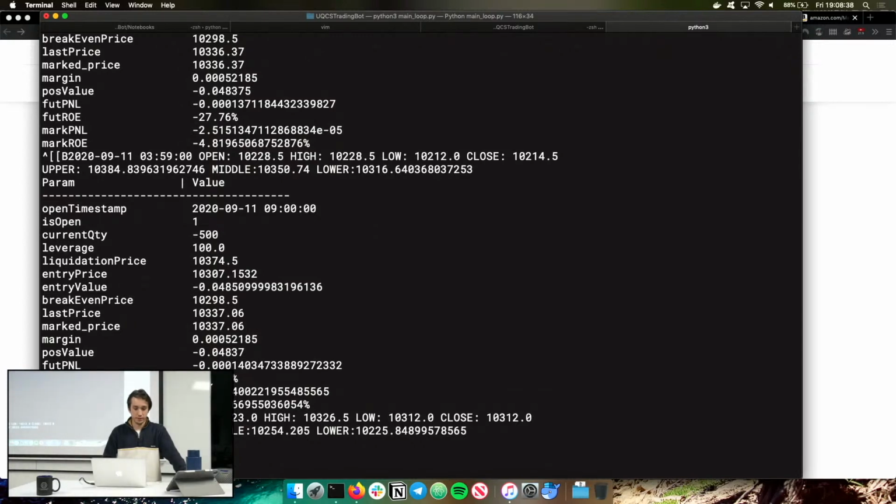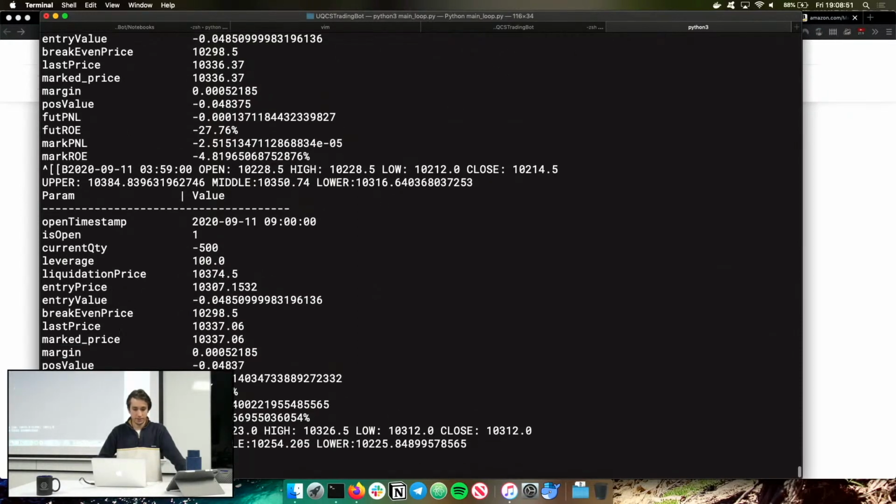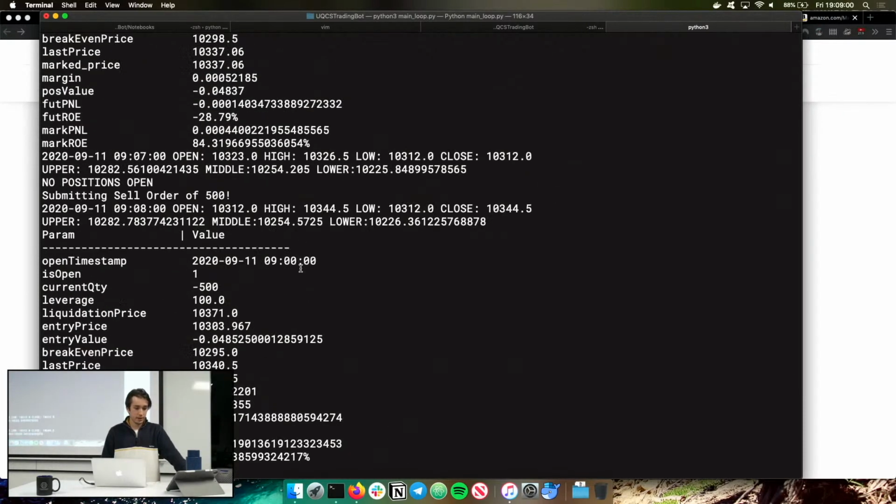So we made 84% return on our initial equity, which is good. So, any questions about any of this information, because there's quite a lot going on here. Leverage obviously makes us able to take more advantage of small movements in the market.